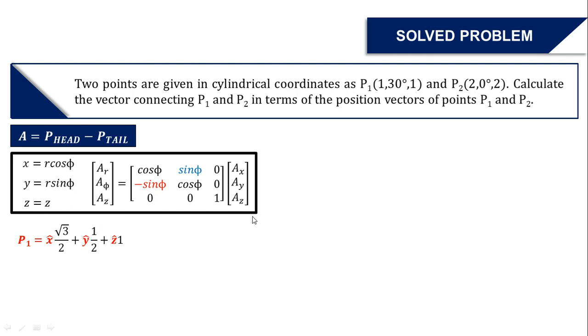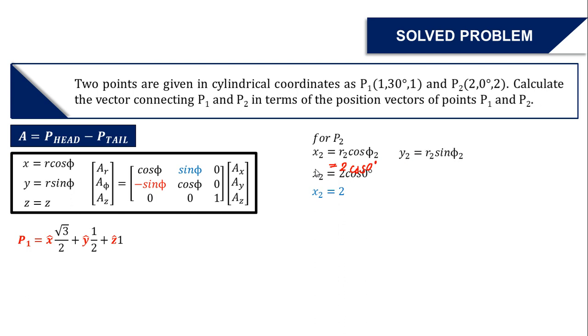Paano naman sa point 2? For point 2, same formula ng pag-convert from cylindrical to Cartesian. So, yung x sub 2 natin, equal yan sa r sub 2, which is 2 cosine ng 0 degrees. So, x sub 2 is equal to 2.